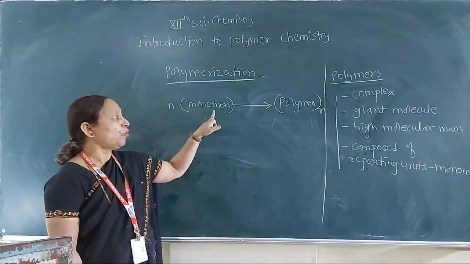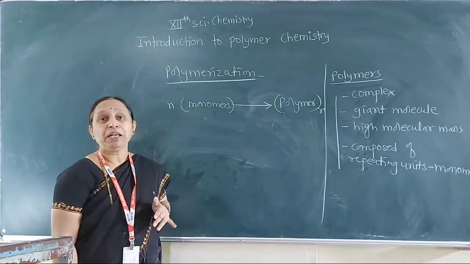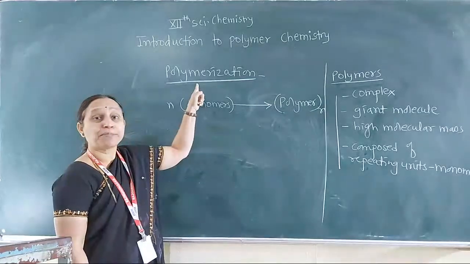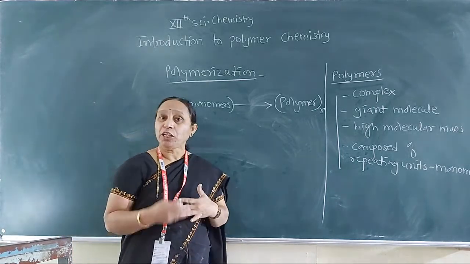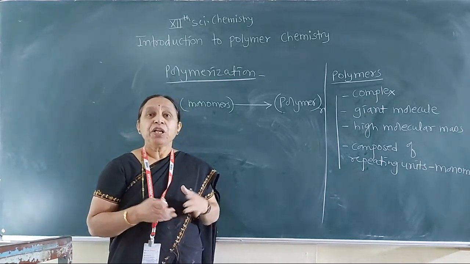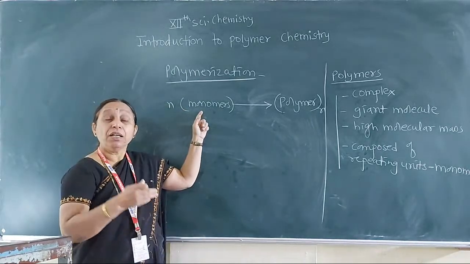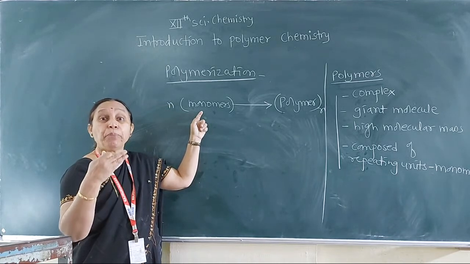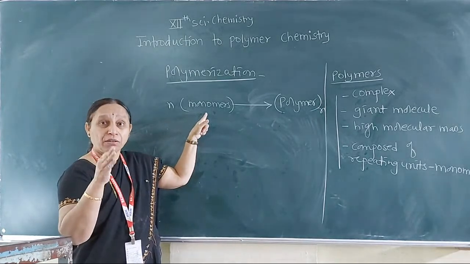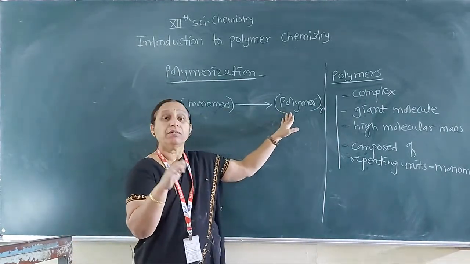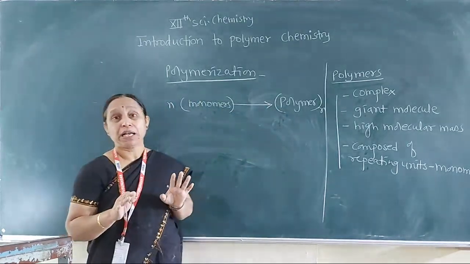This conversion of monomers into polymer by a chemical process is known as polymerization, and thus we can get polymer by combining a large number of monomer units. When monomers are connected to form a big molecule, this process is known as polymerization.